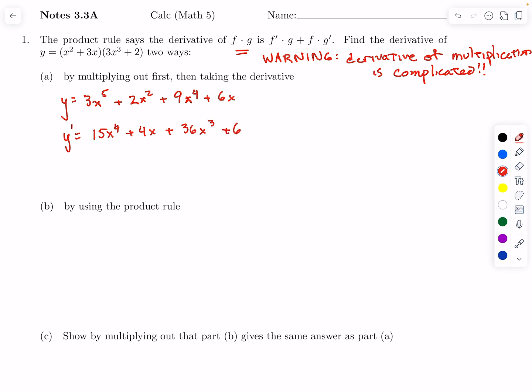Okay, product rule, I'm going to be labeling the first factor as f, and the second factor, the other factor, as g. So the product rule says you take the derivative of one thing at a time.